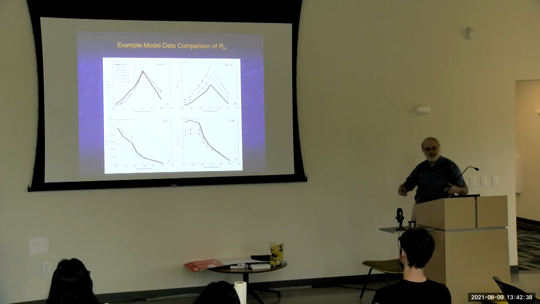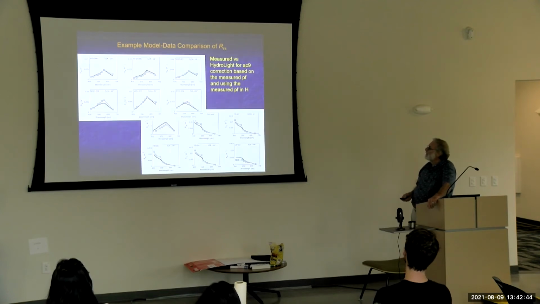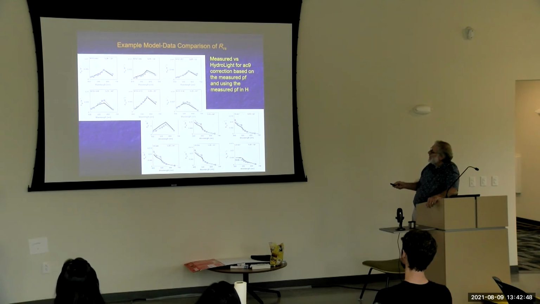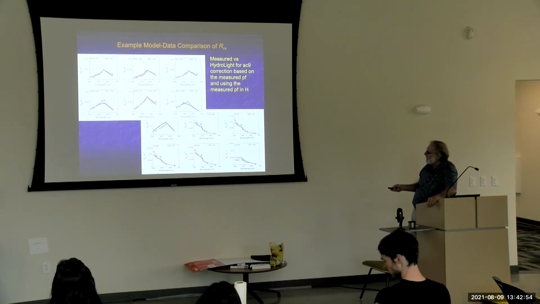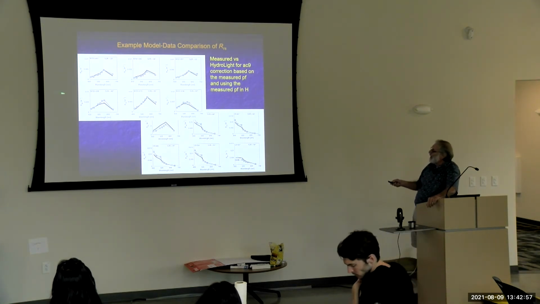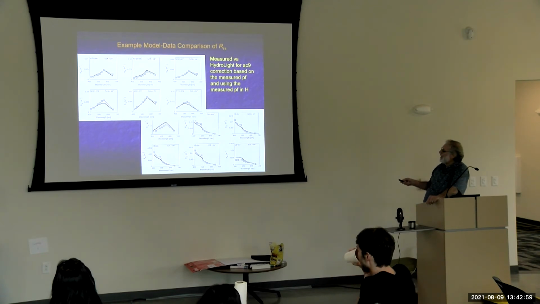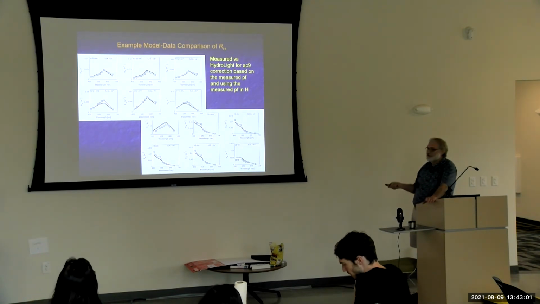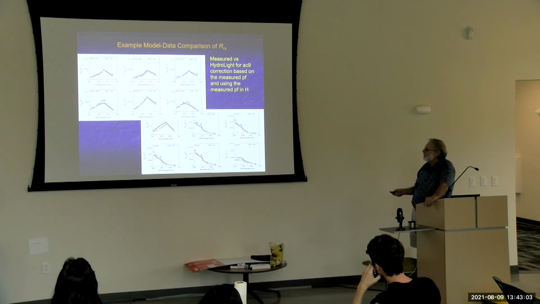Doing things about as well as can be done, you still get those kinds of disagreements sometimes. Here's Rrs at various stations, and they got pretty good agreement there. Now and then something's significantly off, but by and large they got good agreement. And this is, once again, as good as you'll almost ever see.